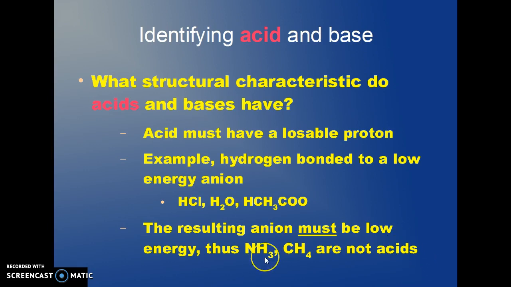So ammonia gas, even though it has hydrogens, would form an NH2 minus ion, which is very high energy. This is not considered to be an acid, and methane is not considered to be an acid, because if it lost a hydrogen ion, you'd be left with a CH3 minus ion, which is very high energy.